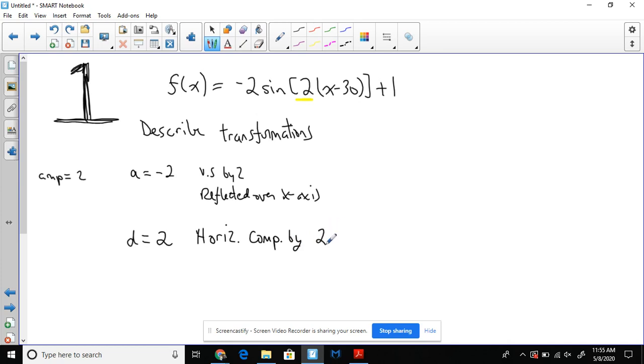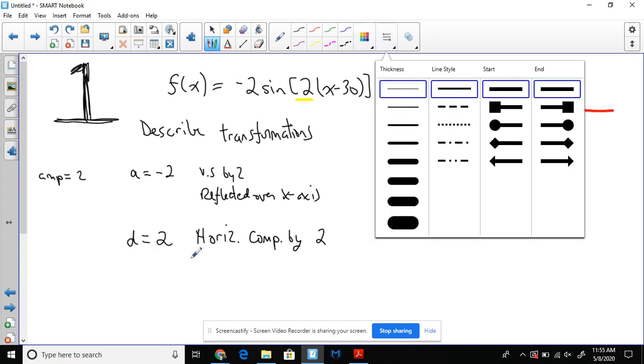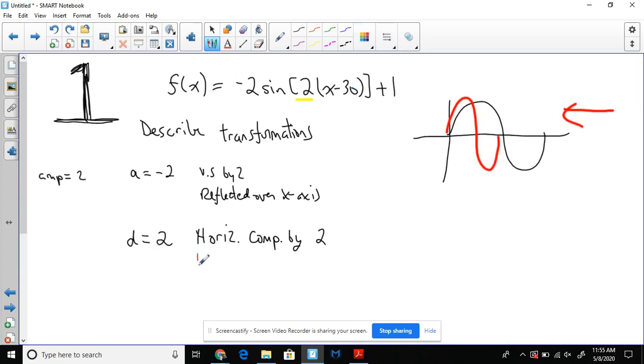So what that means is, if I just indulge you for a moment, if I had a graph that looked like this, now I'm going to squeeze it so that it's going to look something like this.